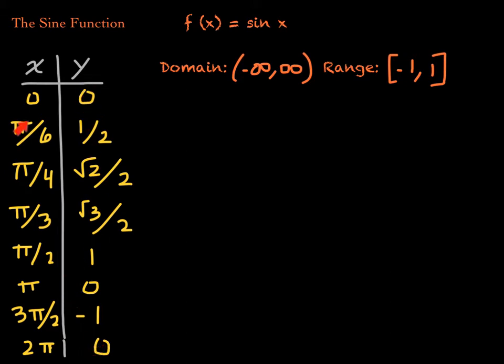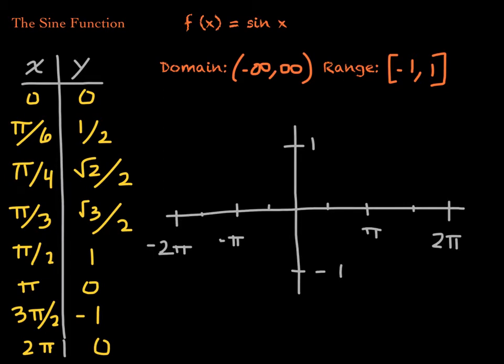Now, you can keep on plugging in values after 2 pi if you'd like, but because the sine function is a periodic function, you're going to get these same function values to repeat. I only plugged in values between 0 and 2 pi because remember the period is 2 pi. So if you plug in 3 pi or 7 pi over 2 or whatever, all of these function values are just going to repeat themselves.